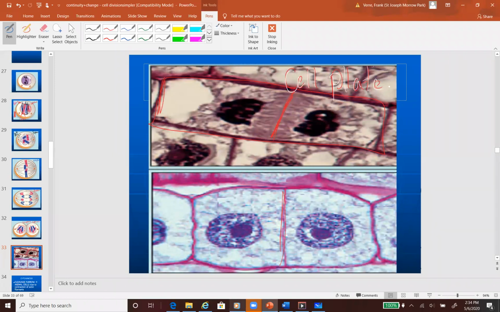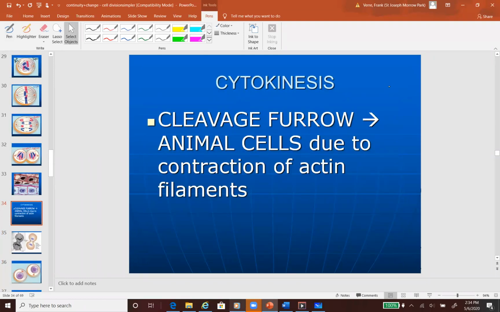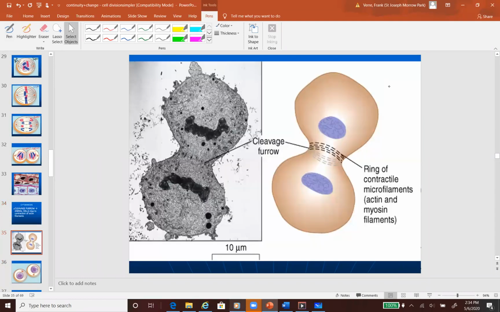But essentially, it's the same idea. The cell's got to split at the end of cell division. Okay, and again, that process is called cytokinesis. But in plant cells, you can't pinch in the middle. So what you end up doing is you form a cell plate to divide the cells. That's a bit of a difference there between the two.